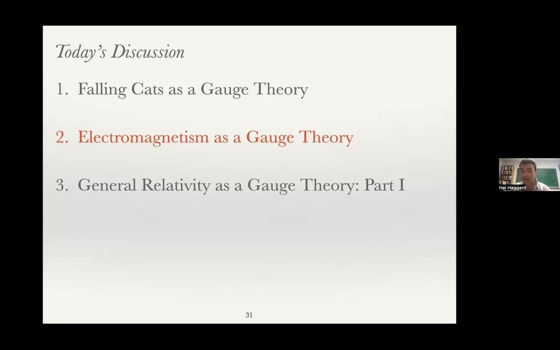In electromagnetism, we're still in a very physical theory that you know very well, but already we start to get a little bit more abstraction. It's a bit harder to say, for example, what the gauge potential does. I will give you a brief statement about that towards the end of the section, but that's why I started with the cat. It's so clear what's going on. Nonetheless, formulating electromagnetism as a gauge theory is extremely powerful and interesting, and that's what we want to do as our final warm-up to doing it in GR.